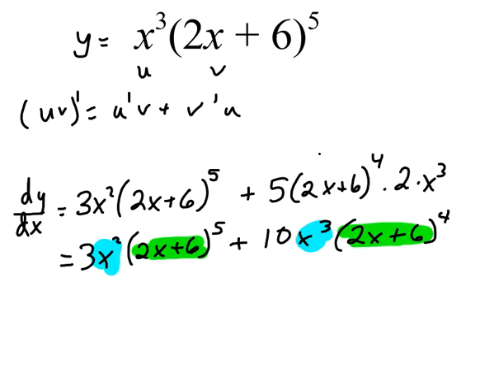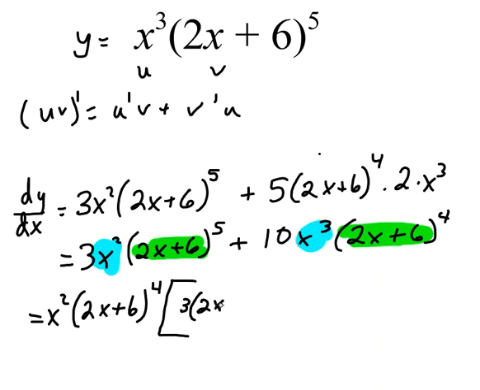So I'm going to factor out a GCF of x squared (2x plus 6) to the fourth. What that will leave me with is 3. I still have 1 (2x plus 6) because this had been to the fifth. So I had pulled 4 of them out, and I'm left with 1 on the inside, plus 10x.